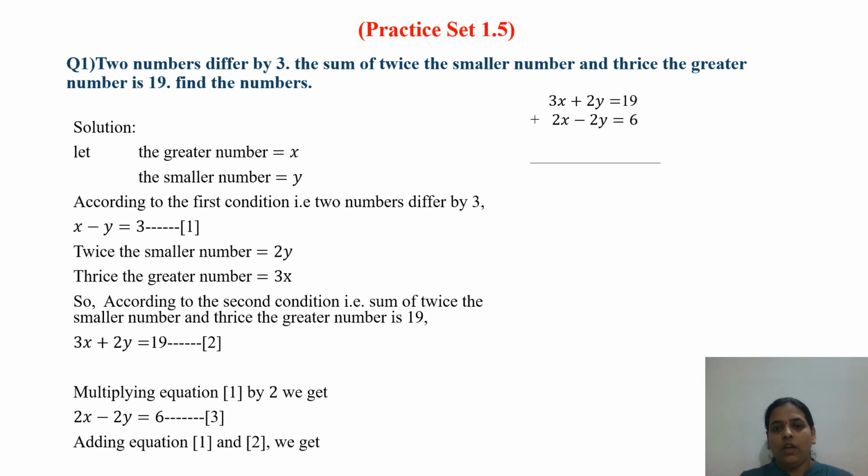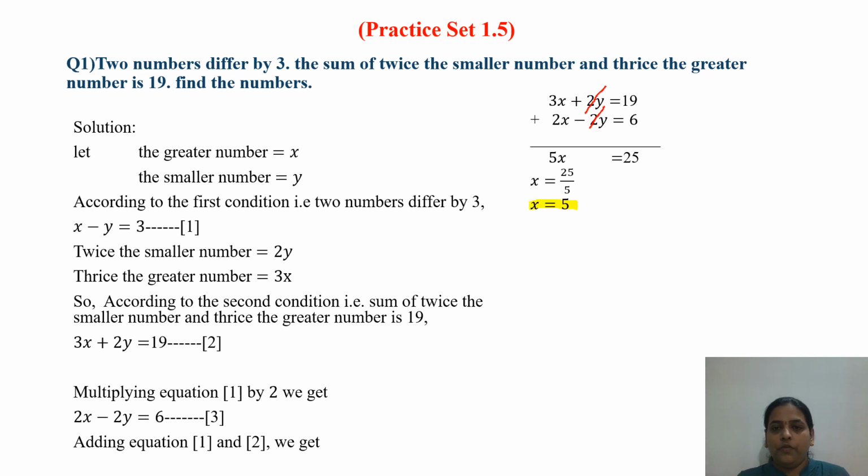I want to add these two equations, so plus 2y and minus 2y get cancelled. Next, 3x plus 2x, that is 5x, is equal to 19 plus 6, that is 25. Therefore x is equal to 25 upon 5, and therefore x is equal to 5. Correct? Understand this?